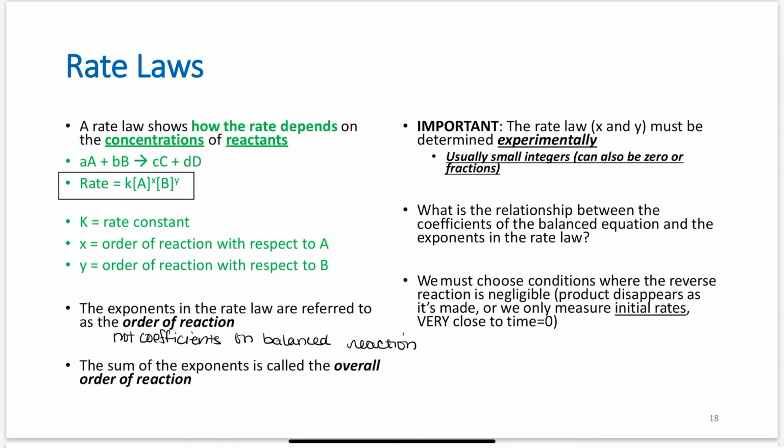They are not the same, and they must be determined experimentally. The sum of the exponents is called the overall order of reaction. We will do examples so you see how we find this information and what I mean by overall order of reaction as well. The rate law x and y values must be determined experimentally. They're usually small integers, but they can also be zero or fractions. So what is the relationship between the coefficients in the balanced equation, the exponents, and the rate law? They may or may not be the same, but it's coincidental.